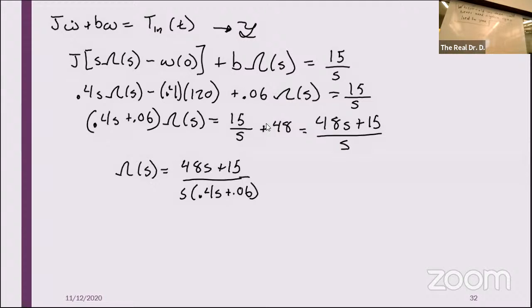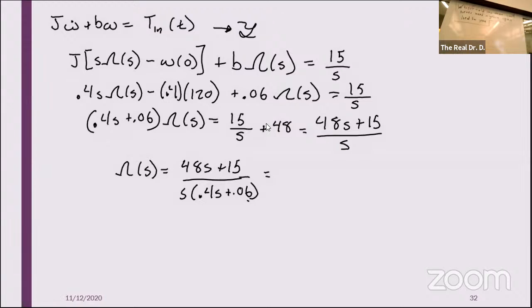And now what? Well, now I'm going to pull out this 0.4 from here, right? So I factor a 0.4 out of here, out of here and here. So I divide this term, I'm going to take 0.4 out, I'll put it out in front, right?